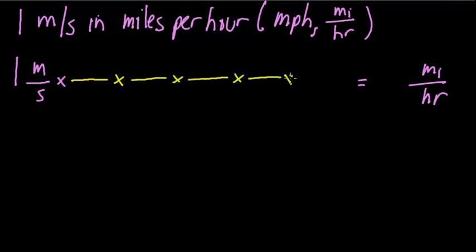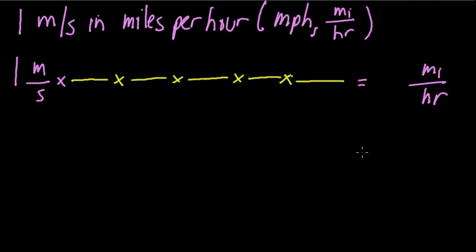And I'm not sure how many I need. If I have to add more, I'll do a little bit more. Then I write down all the possible things I know about miles, about meters, about seconds, and hours.